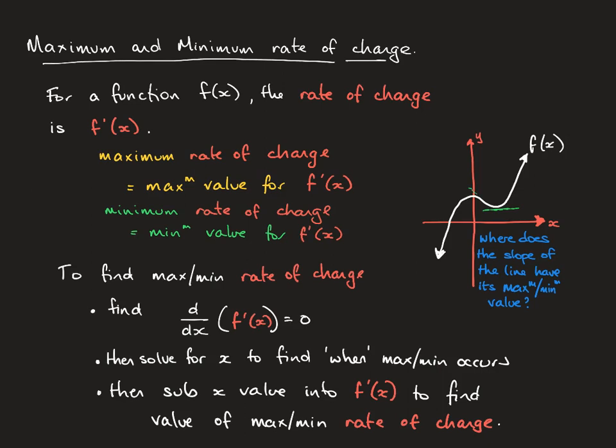However, if we're looking at a minimum, this point here has a negative slope, and a negative value is more negative than zero, so we'll be looking somewhere at this particular A value to have the minimum rate of change. For our maximum rate of change, we would be looking for somewhere along here maybe, where the tangent is as steep as possible. So for a maximum rate of change, you're looking for the maximum value for the derivative function.